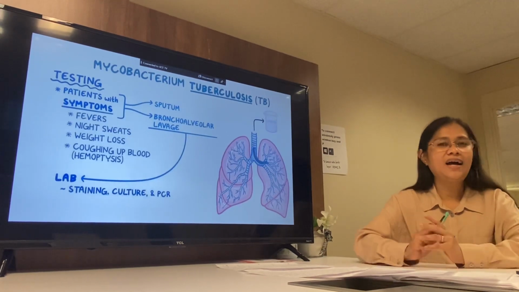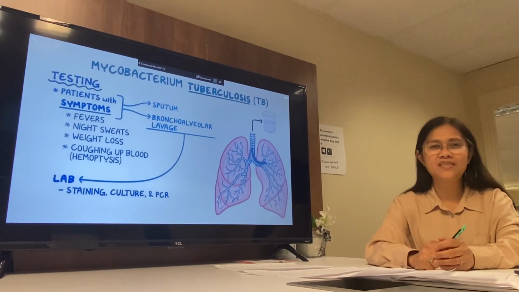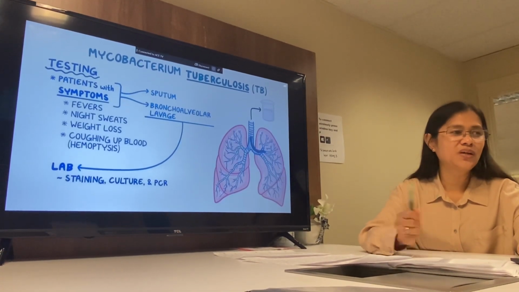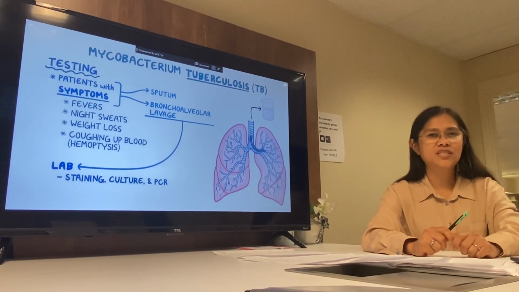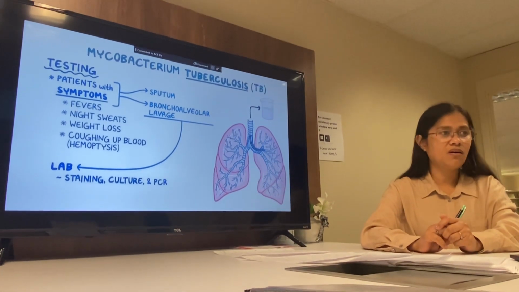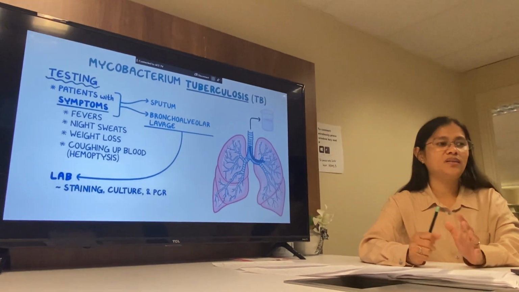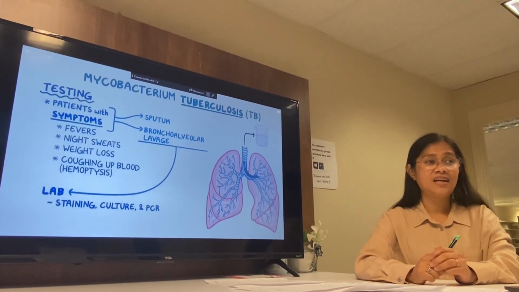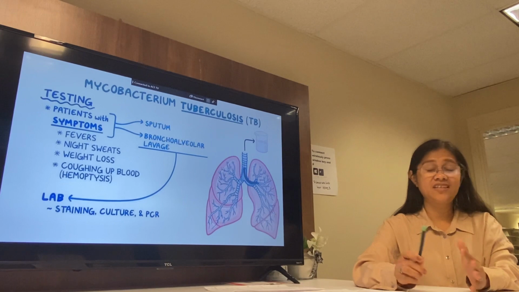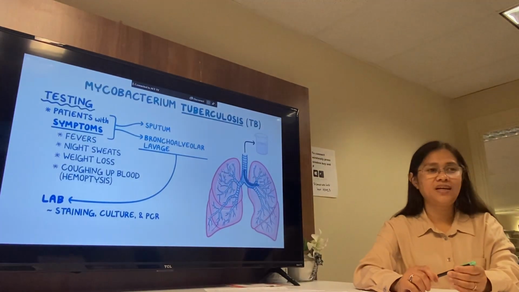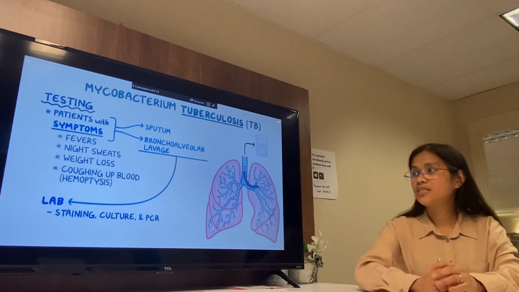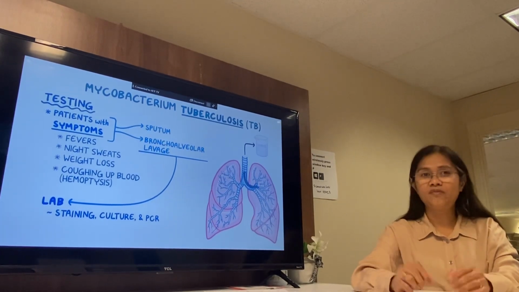Whenever a patient has symptoms like fever, night sweats, weight loss, or coughing up blood, which is called hemoptysis, the patient needs to have a culture: sputum or bronchial lavage from the lungs, which is sent to the lab for staining, culture, and PCR testing.